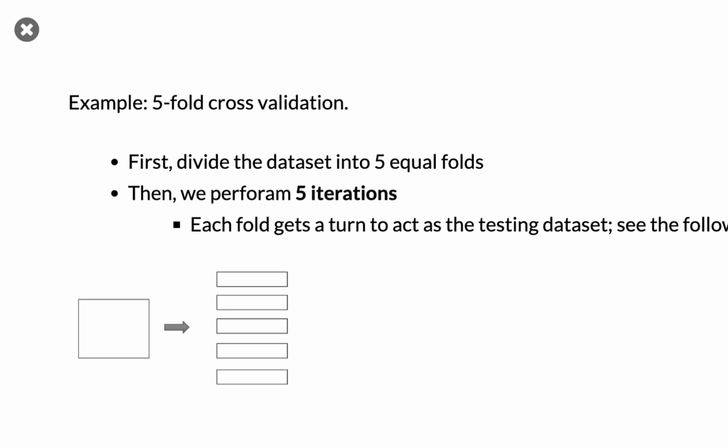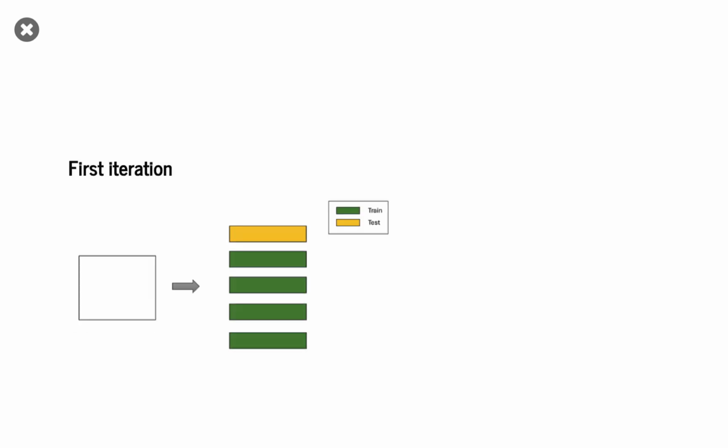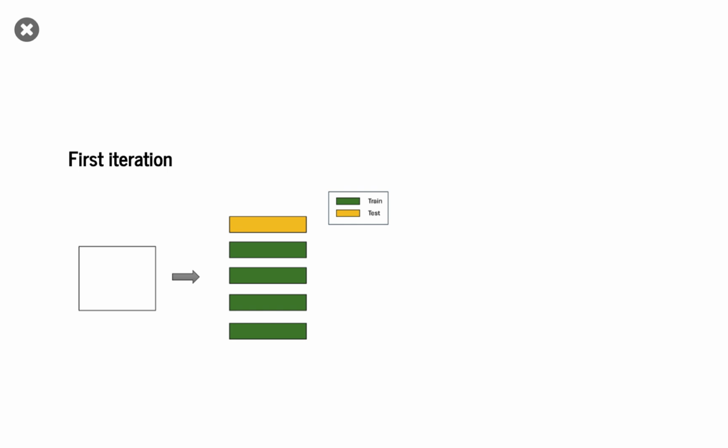Okay. So in the first iteration, we have 5 folds, which are 5 equal portions of the original data set. We will label the first fold as the testing data set, and then the remaining folds will be the training data set. Right? So effectively, we are running a train test split.